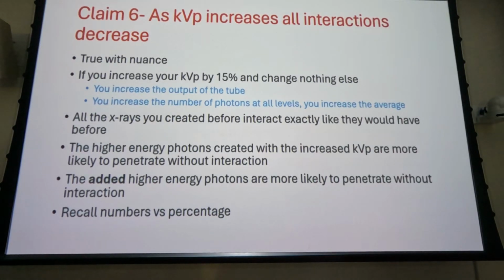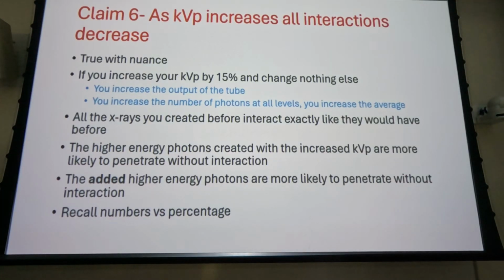All right, so as kVp increases, all interactions decrease. If you increase your kVp by 15%, change nothing else, you increase output from the X-ray tube. You increase the number of photons at all levels, you will increase the average as well. All the X-rays you create before interact exactly as they would have before.